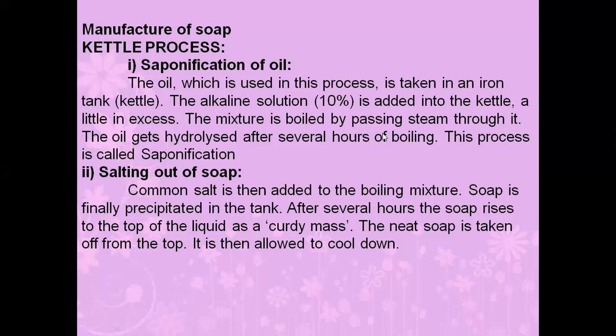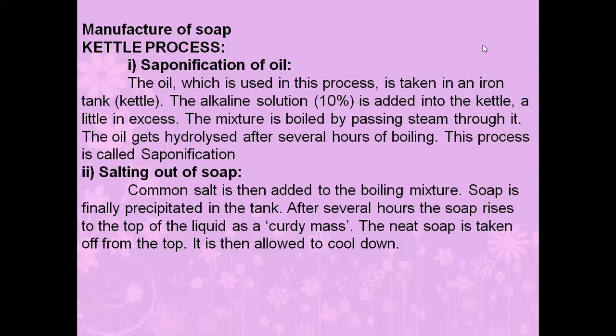Now the oil is boiled, because the steam is passed through the kettle. If we add common salt and continuously stir the mixture, the soap is precipitated in the tank.